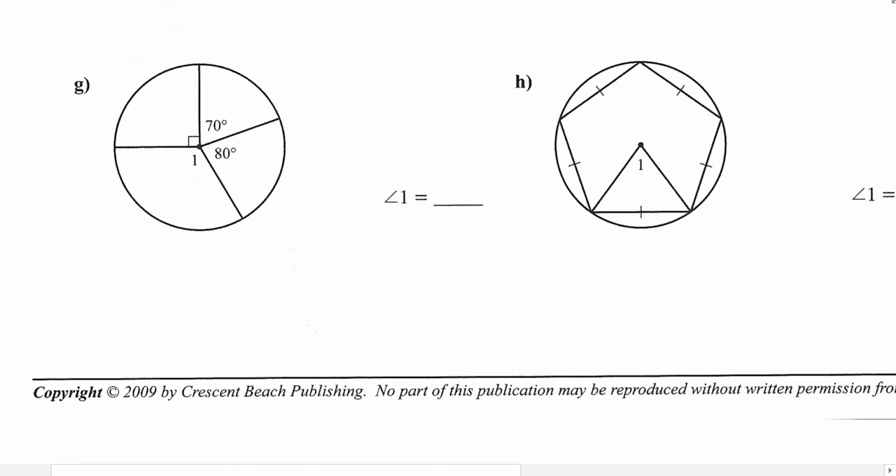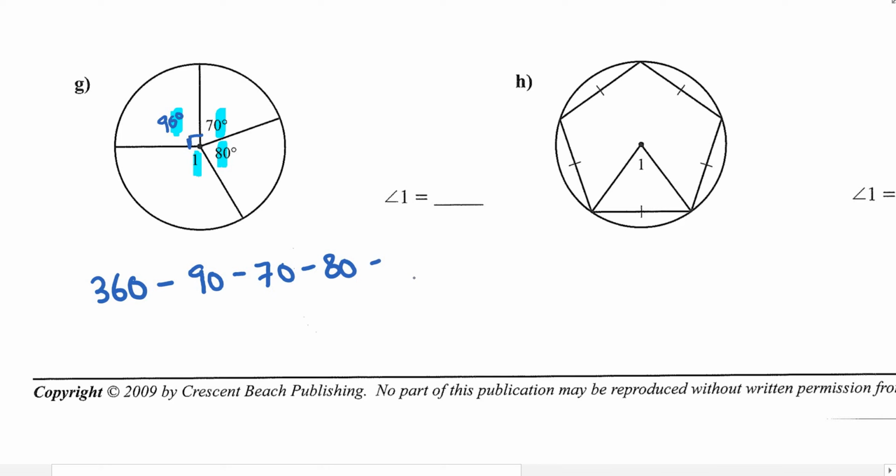Okay, let's move on to letter G. For letter G, right now there's a 90-degree box there, so it's perpendicular, so that's 90 degrees. And basically all these blue angles I'm highlighting, since they're at the center of a circle, add up to 360 degrees. So the math now is going to be 360 degrees minus all the individual angles, so minus the 90, minus the 70, and minus the 80.